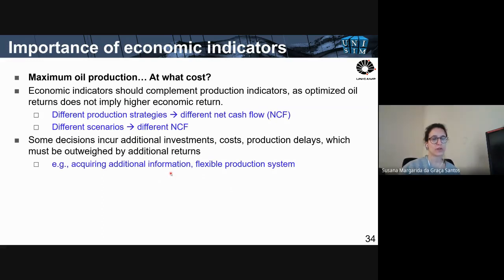If I'm so uncertain about my reservoir, I can decide to buy more data, drill one more appraisal well, acquire more seismic, but it costs money. So I should take the economic factor into account to see how that new information will change my decisions. Will it just confirm what I already know?